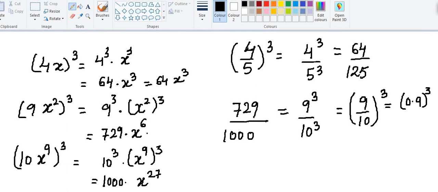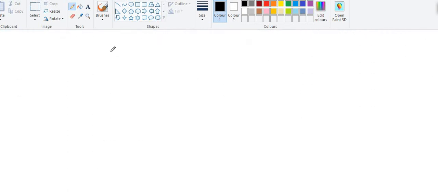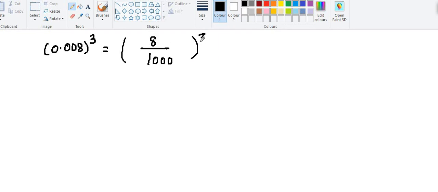Right? If I am solving decimals, for example, if I want to calculate 0.008 whole cube, I will first convert it into a fraction. So this is 8 upon 1000 whole cube. This gives me 8 cube divided by 1000 cube.